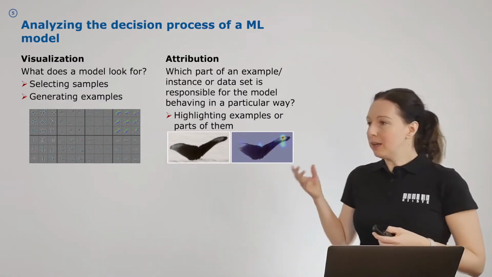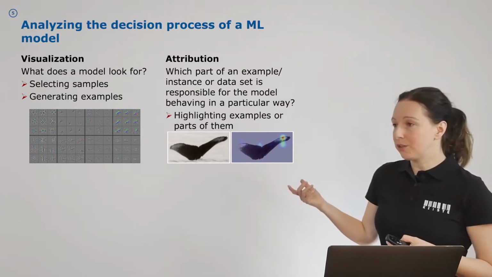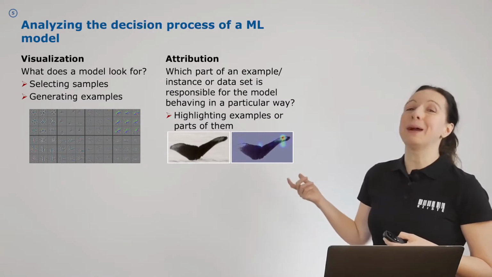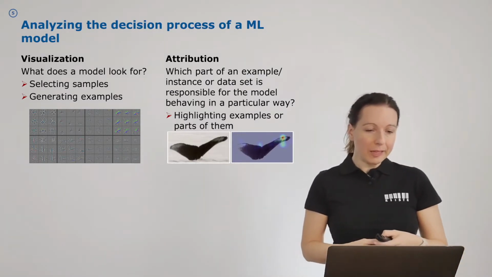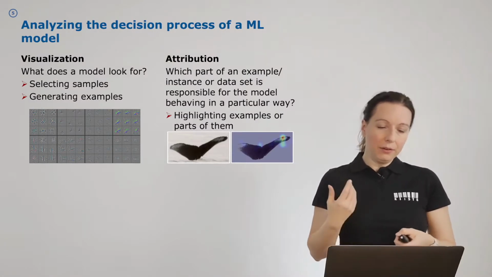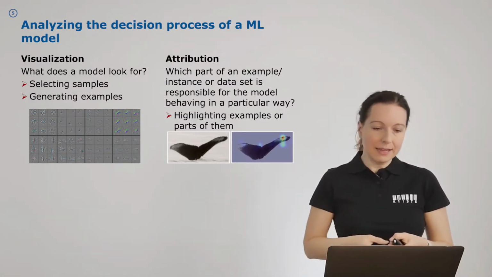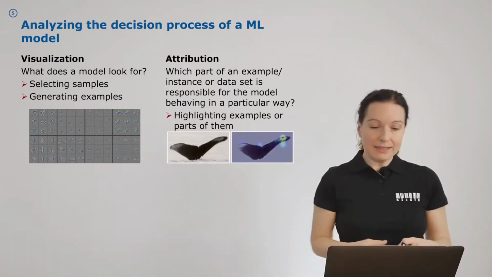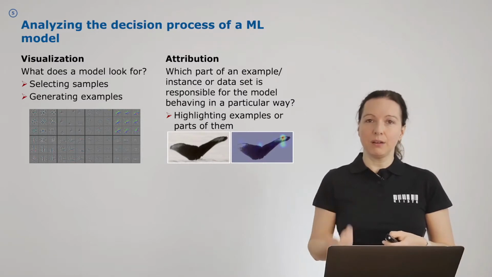For the second one, the second research direction, which is quite active at the moment, is attribution. And so here you look at the question, which part of an example or an instance or a whole data set is responsible for the model behaving in a particular way.